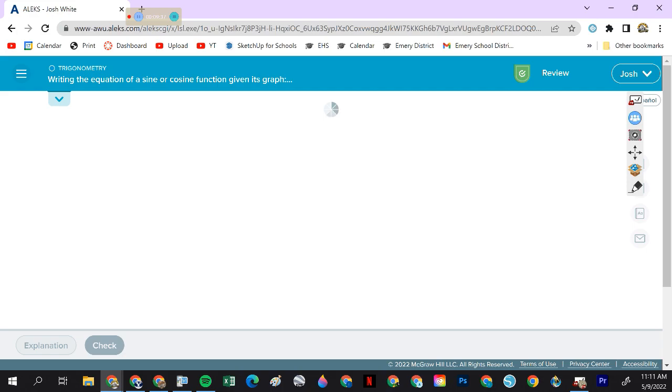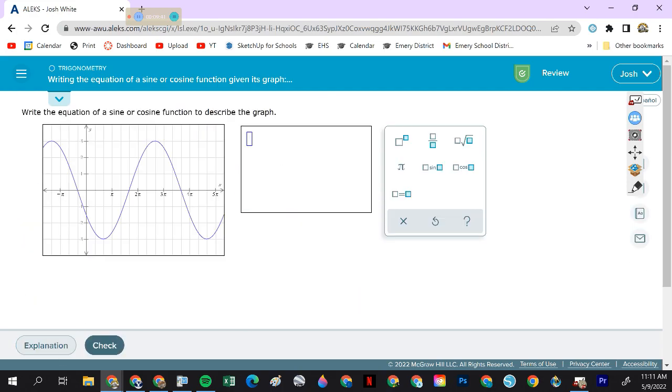Okay, now we need to find one that has a phase shift as well, because those are harder. Okay. This one does have a phase shift. So center line. Center line is the x-axis, right? Now, is this a sine or a cosine? And the answer is either. All right?